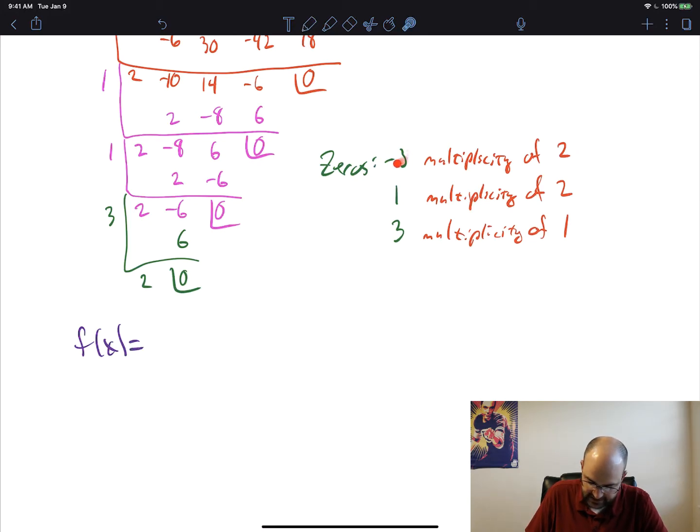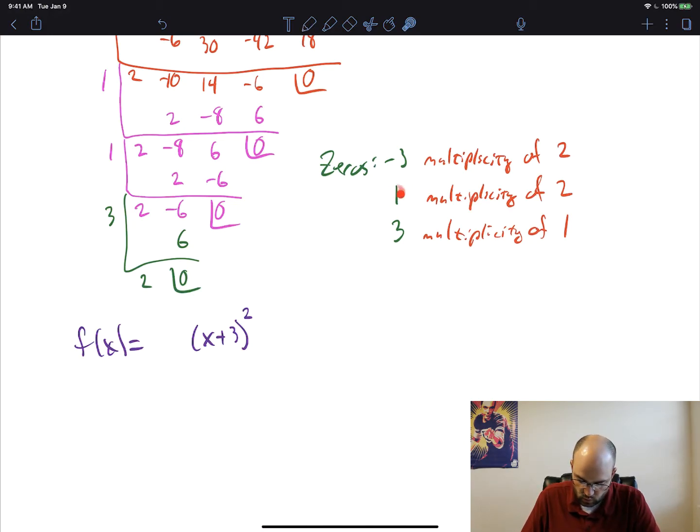Because we have negative 3 as a 0, that means x minus a negative 3, in other words, x plus 3, is the factor that goes along with it. And the exponent will be a 2 because I would have x plus 3 times x plus 3. That's what multiplicity means. It needs to be written down twice.